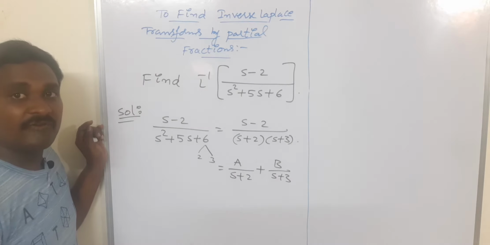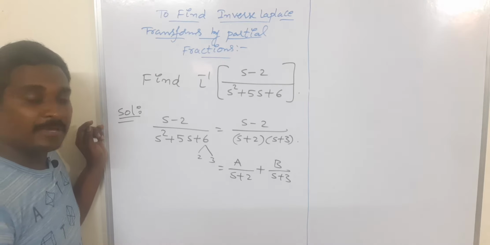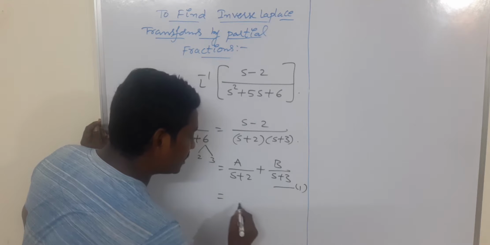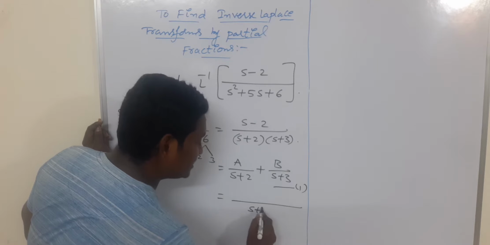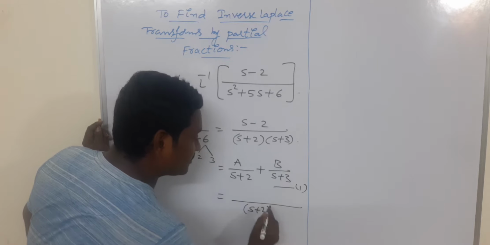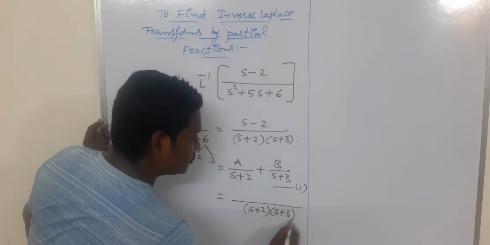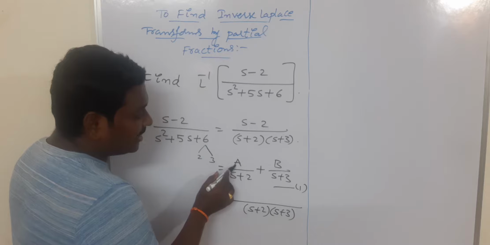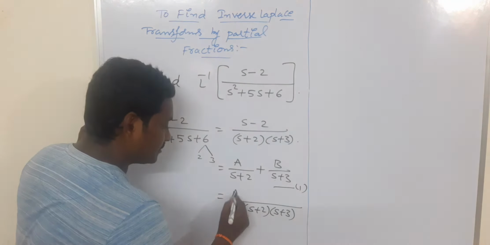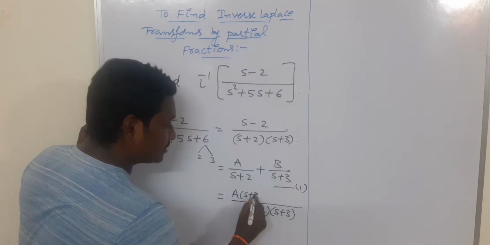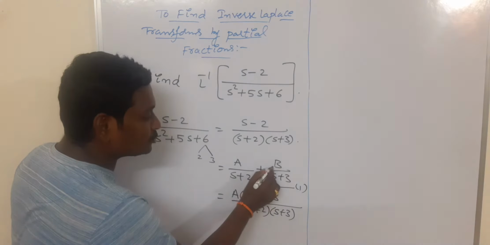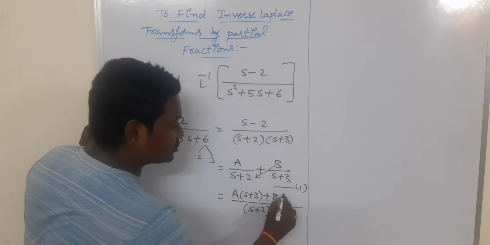Now it is enough to find the values of A and B. For A and B values, take the LCM, which is (s plus 2) into (s plus 3). Now here we should multiply A with (s plus 3), A into (s plus 3) plus B into, already (s plus 3) is there, that's why you should multiply B with (s plus 2).